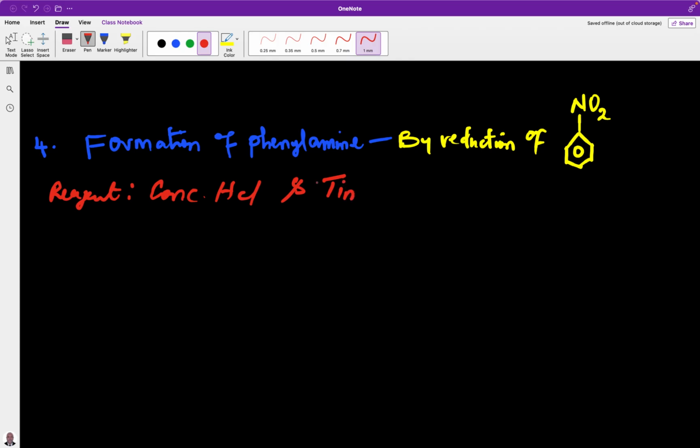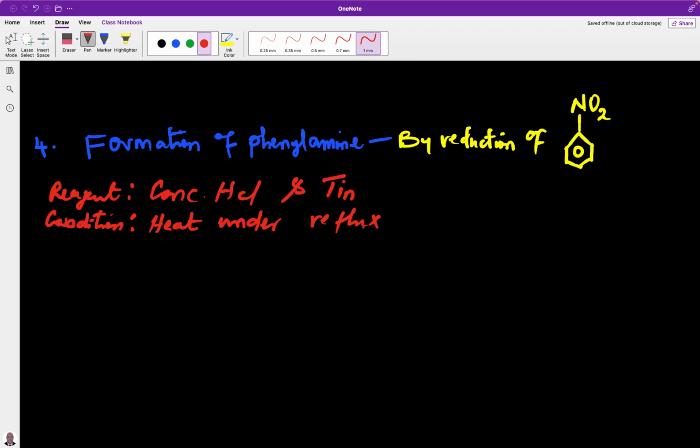And the condition in this reaction will be what? Heat under reflux. You have to heat this under reflux.